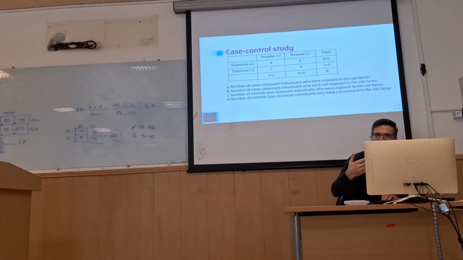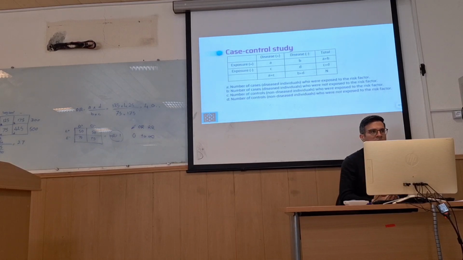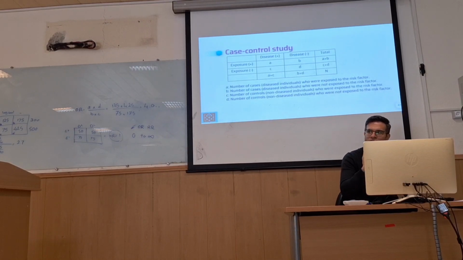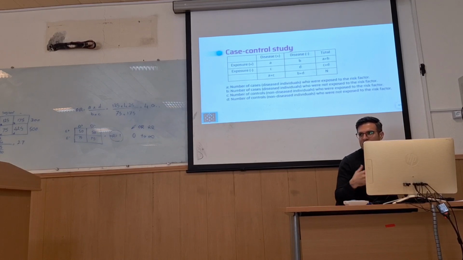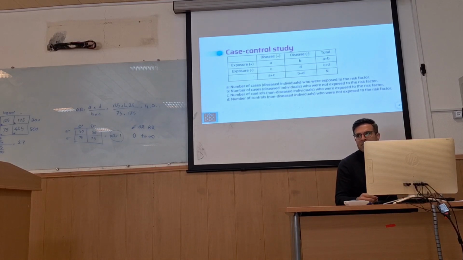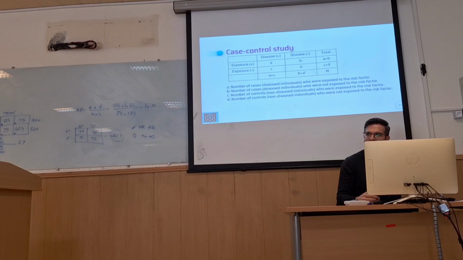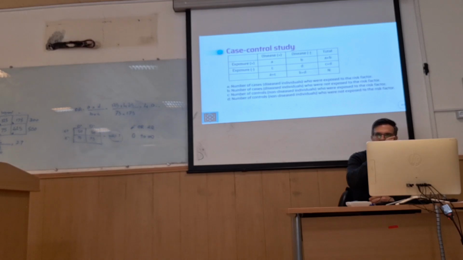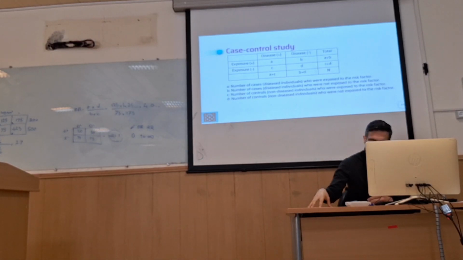After that, you use some tools, checklists or questionnaires to measure the previous exposure of cases and controls, for example risk factor behavior, alcohol consumption, smoking, and so on. And after that, you compare the frequency of smoking in cases and controls. Okay?